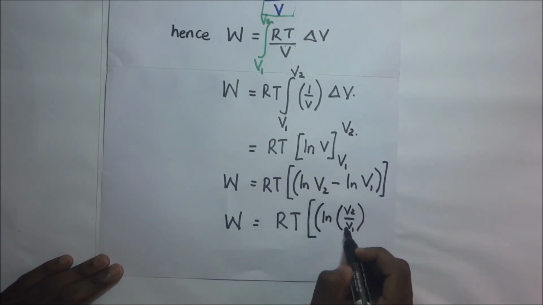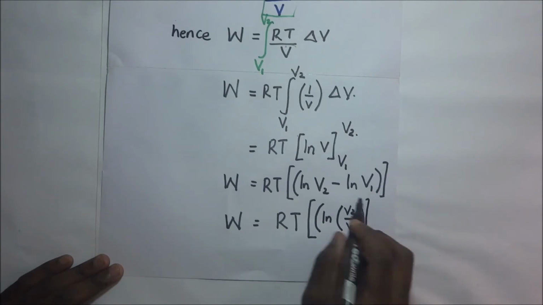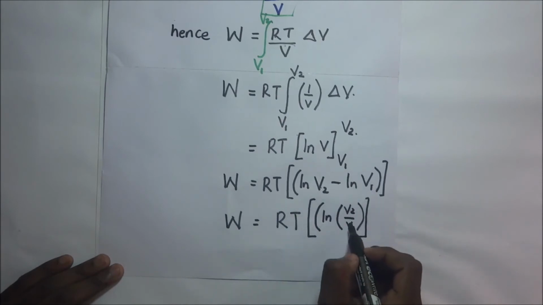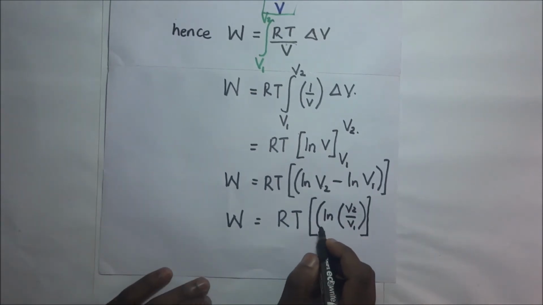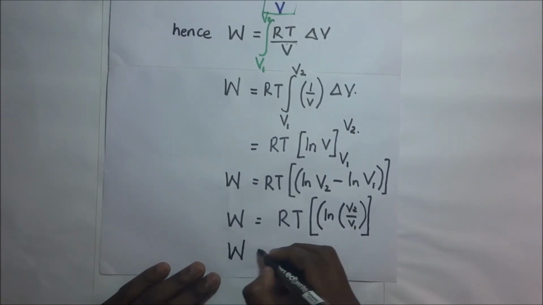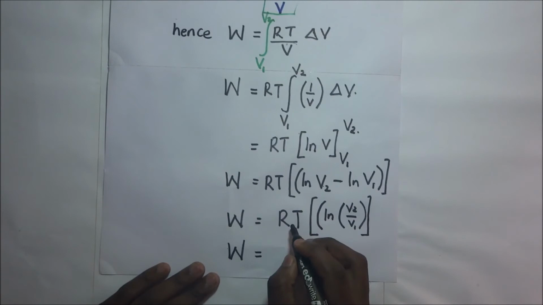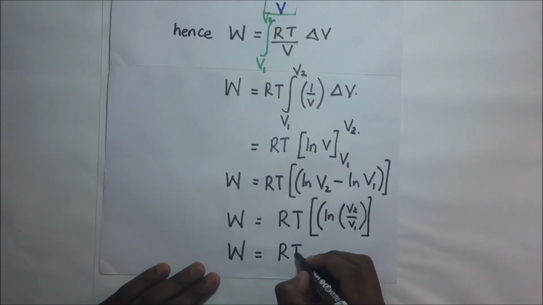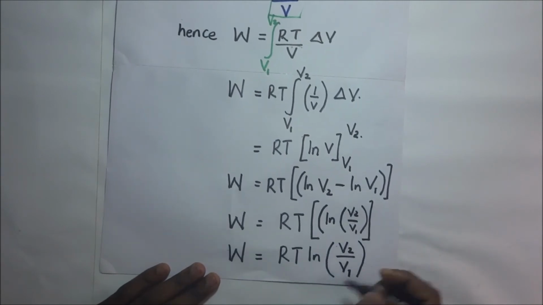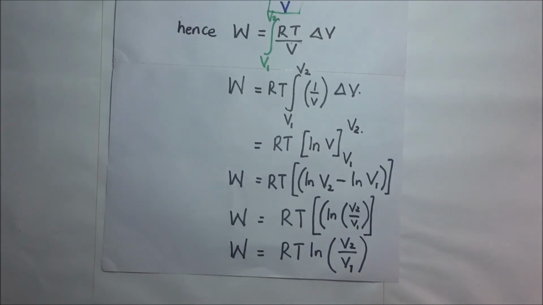Of course, this is coming from our laws of logarithms, that when you are subtracting two logarithms of the same base, you simply divide, V2 over V1. So work done for an isothermal process is given by RT times the natural log of the bigger volume over the smaller volume, and that is how we get the expression for work done for an isothermal process.